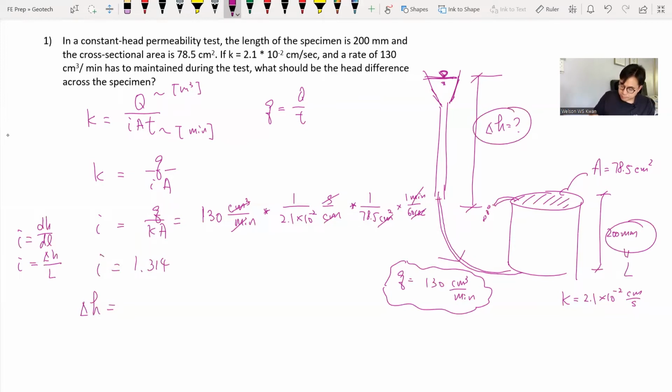So delta H will equal the gradient times the length, which is 1.314 times 200 millimeters. So the head applied across the specimen is equal to 26.287 centimeters.